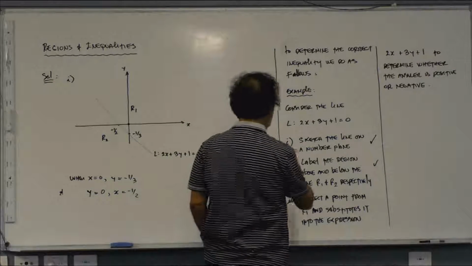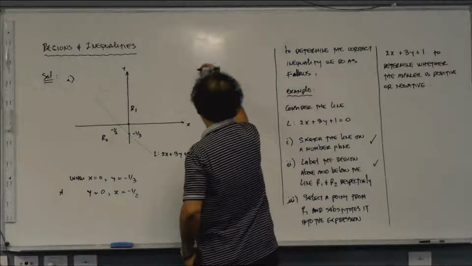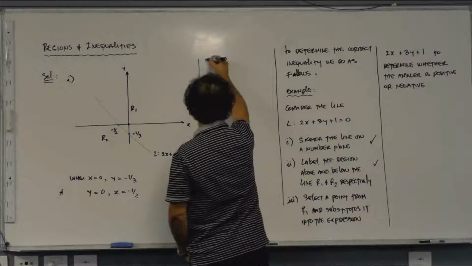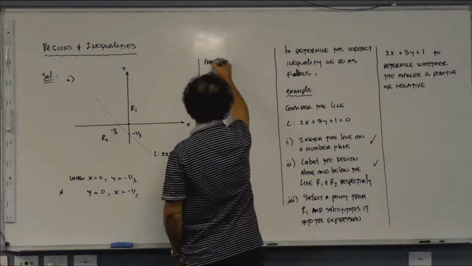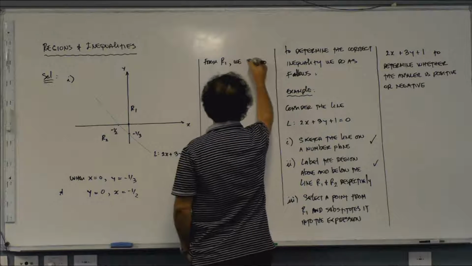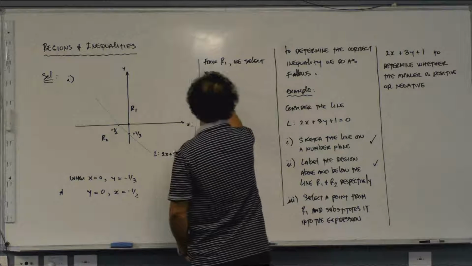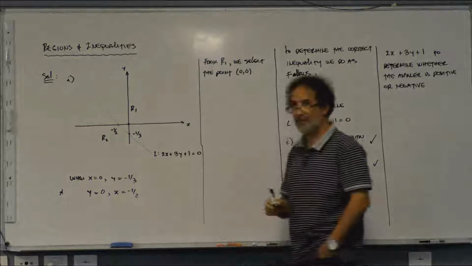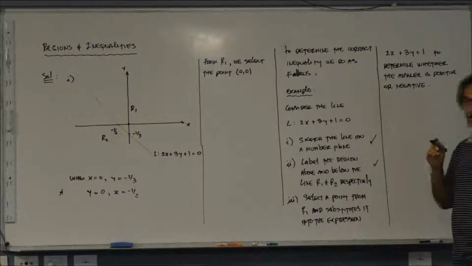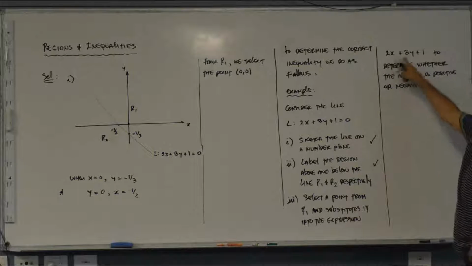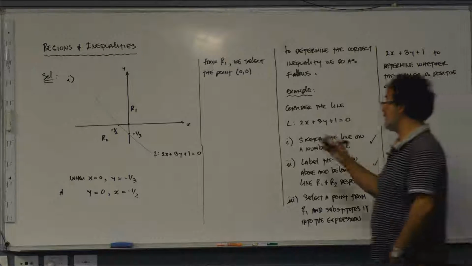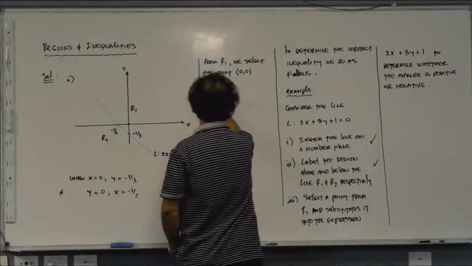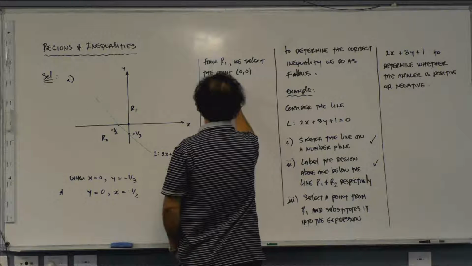From R1, we select the point 0, 0, and then we're going to substitute that point into the expression 2x plus 3y plus 1 and determine whether the answer is positive or negative.